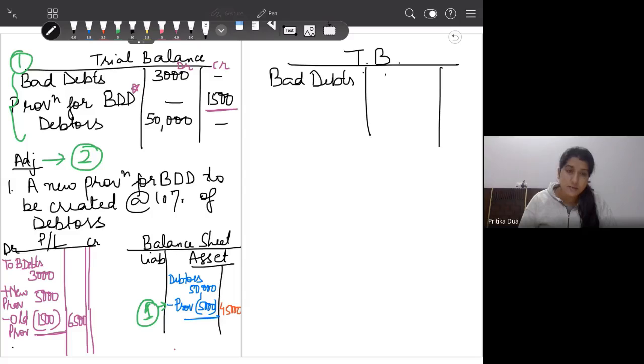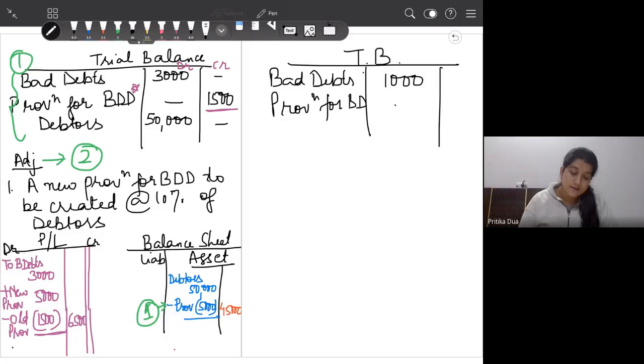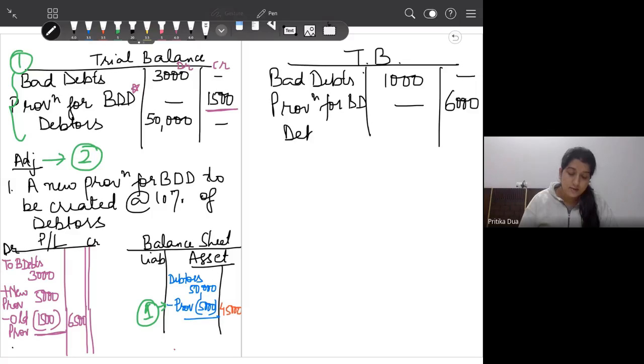I'll take bad debts amount as 1000, provision for bad debts as 4000. 4000 से एग्जैक्ट हो जाएगा, 6000 कर लेते हैं. एंड देन योर डेटर्स at 50,000. Okay, the adjustment is the same, so I'm not writing it again.